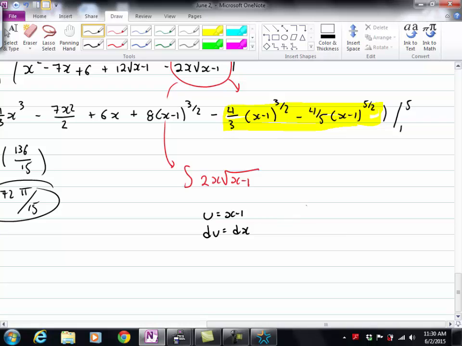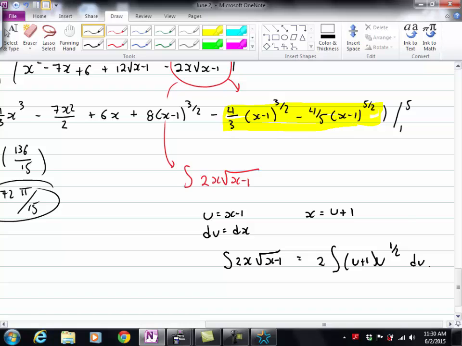Actually, no, I use substitution. Sorry. x equals u plus 1. Okay? So then I broke this down into 2x root x minus 1 equals 2 times u plus 1 times u to the 1/2 du.